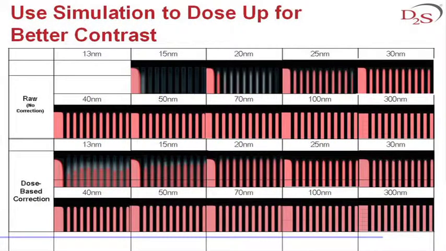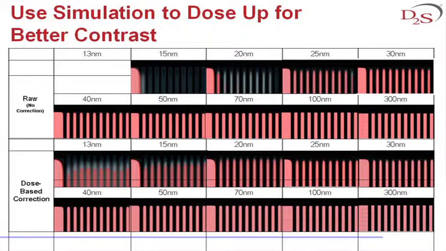And when you do the similar simulation-based analysis, the set of pictures on the top, which are the raw pictures that you saw before, compared to the result of dose-based correction, the dose-based correction version shows up a lot better, and you can see that the variation on 25 nanometer, for example, is much improved with dose-based correction methodology.